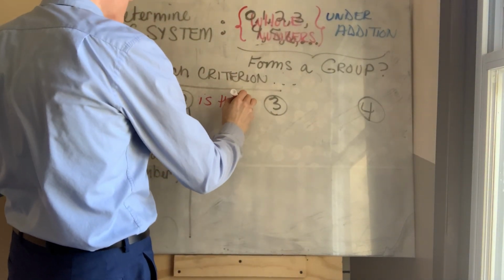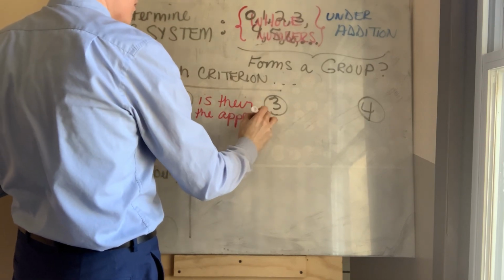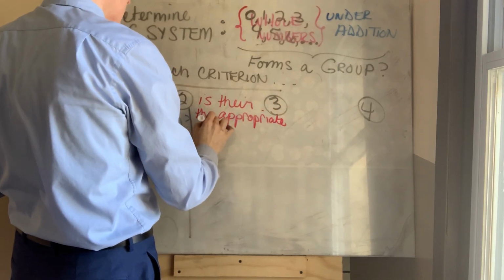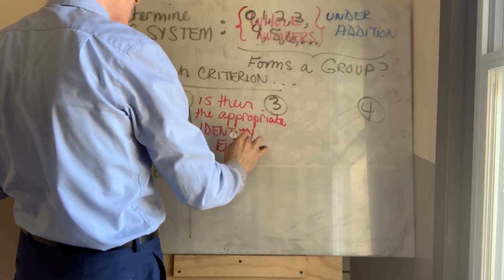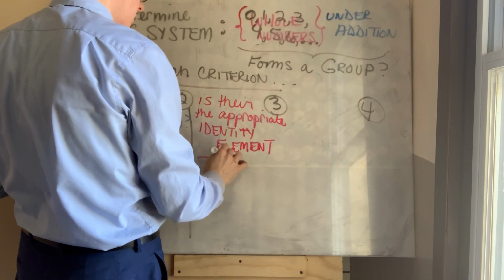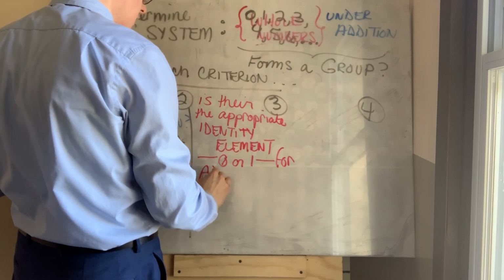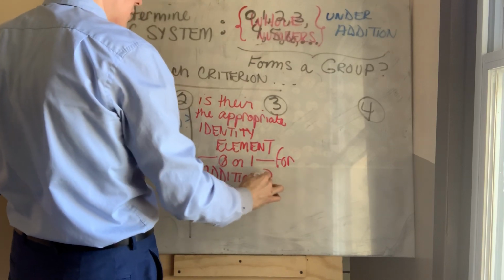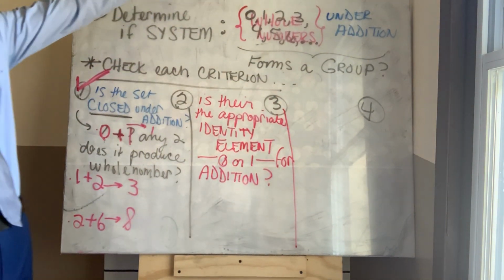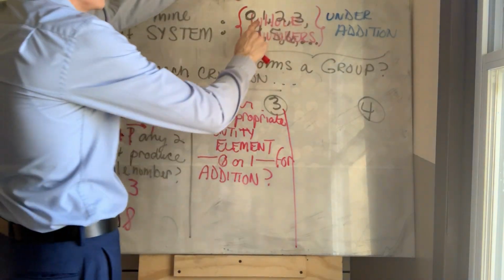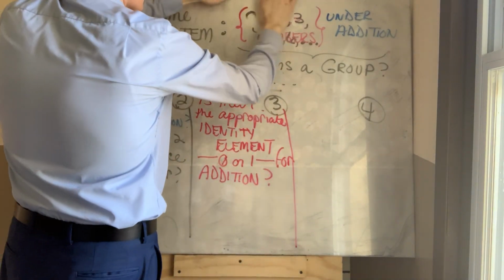Is there the appropriate identity element? All right, remember the identity elements are either the number 0 or 1, for the operation. In this case, we're talking about addition. In the list of whole numbers, I know it's sloppily written here, I'll make it a little bit more obvious.